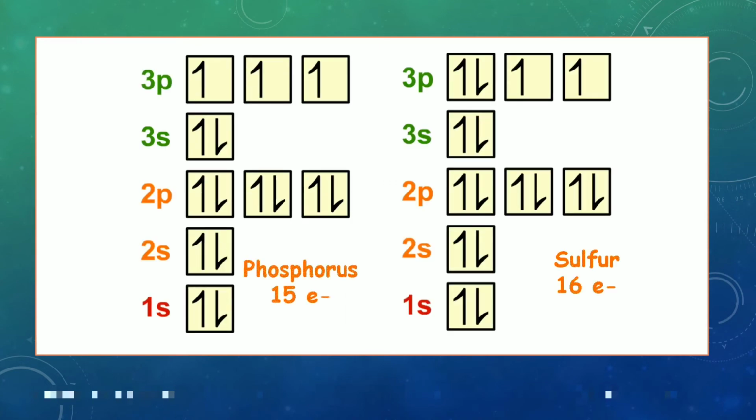Example natin. We have phosphorus with 15 electrons and sulfur with 16 electrons. Sa phosphorus, kung mapapansin natin, saka sa sulfur, ang pinagkaiba lang nila ay yung pagdating sa level ng 3p. Na kung saan, sa phosphorus, meron lamang siyang 3p3 or under sublevel 3p, meron siyang 3 electrons, samantalang sa sulfur, meron siyang 4 electrons. Kung mapapansin nyo, hindi muna pinair yung mga electrons sa unang orbital. Kasi sabi nga ni Hund's rule, we need to fill up all the orbitals first bago natin i-fill as pair yung unang orbital.